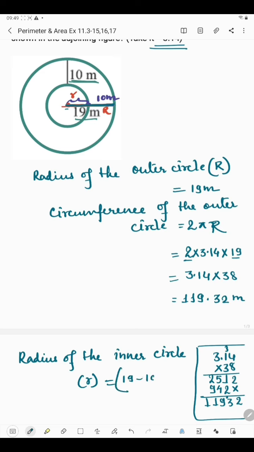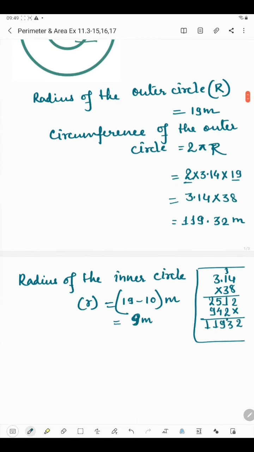So 19 minus 10 is 9 meter, which is the radius of the inner circle.